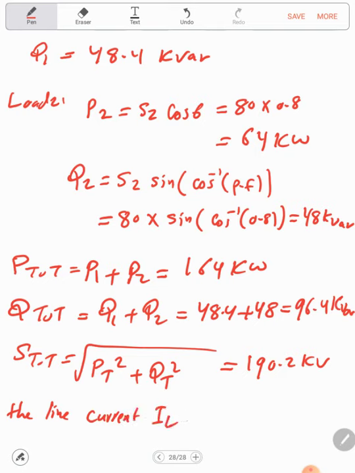Now the line current IL is equal to S total over square root of 3 VL, and this will equal 190.2 over square root of 3 multiplied by 460, and simply you can do the math here.